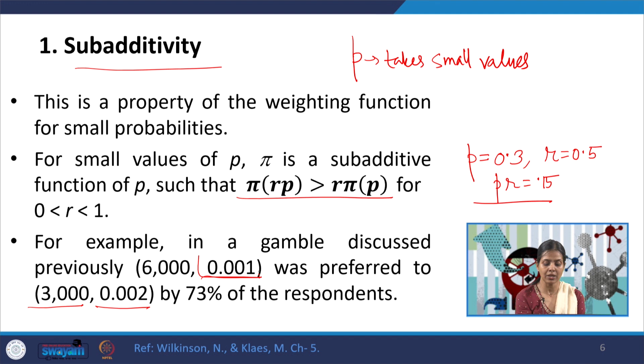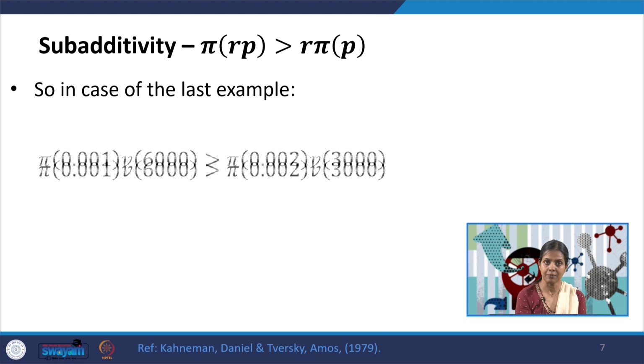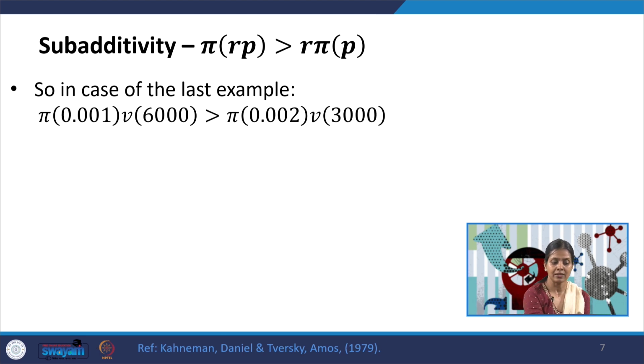Now, first of all, note that these are very small probabilities. So, this is a context where we can actually check sub-additivity. In the case of this example, we can always write that pi(0.001) V(6000) is greater than pi(0.002) V(3000), because that is the preference that people have expressed.